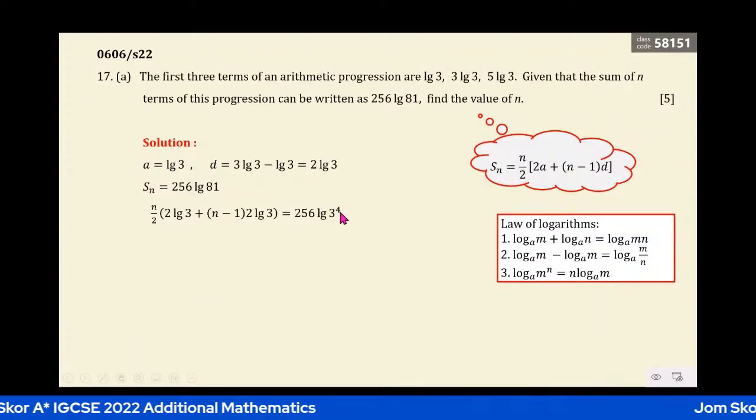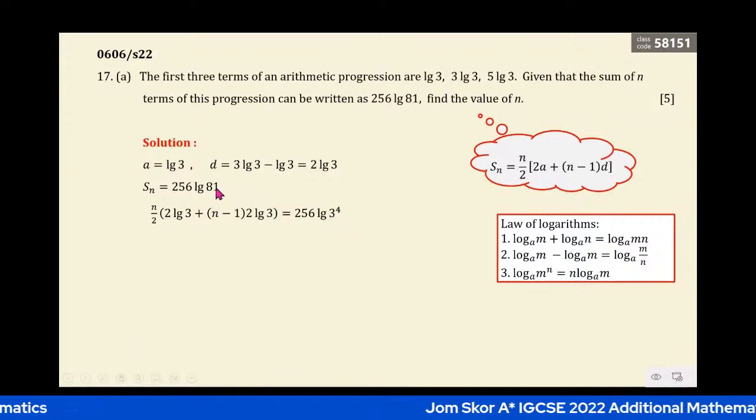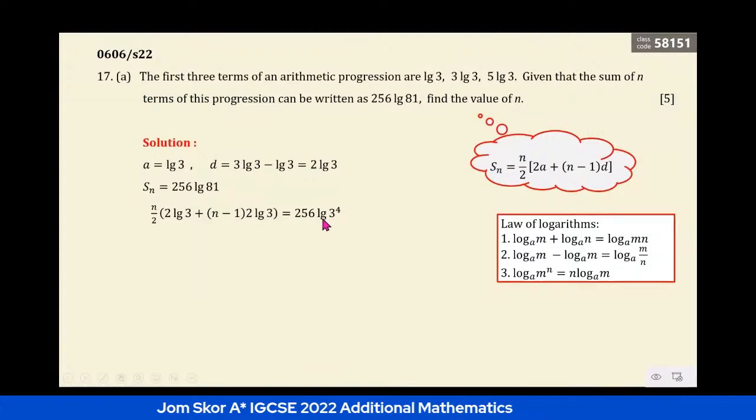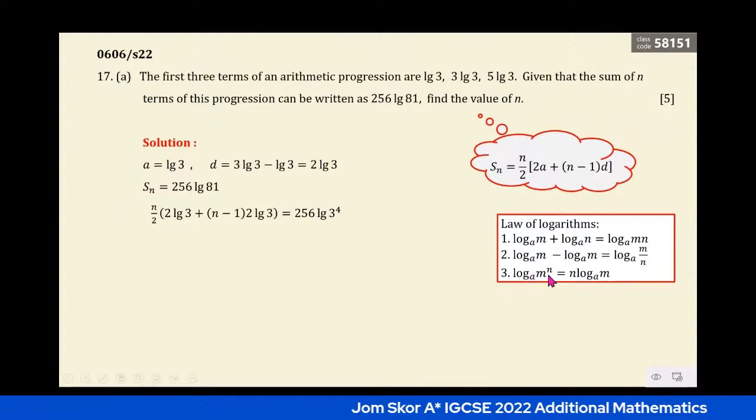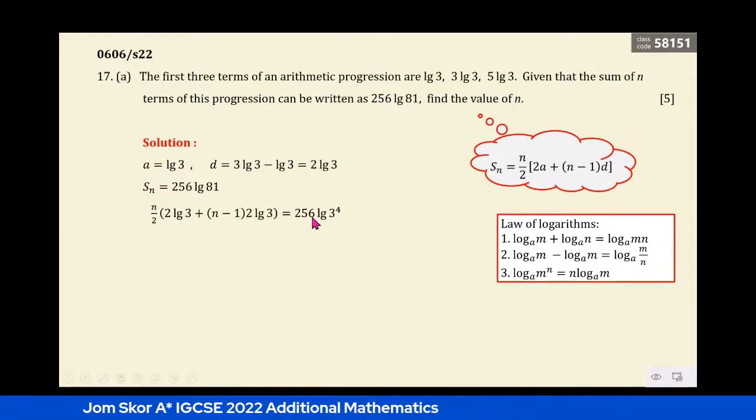So tekan calculator lah. Try and error 3 to the power of 3 kalau tak ingat kan. 3 to the power of 4 is 81. Okay. So for this one, alright, you can use third law of logarithm where log 3 to the power of 4, nampak sini. The third law said that log m to the power of n boleh turun depan. So dia akan multiply dengan 256.